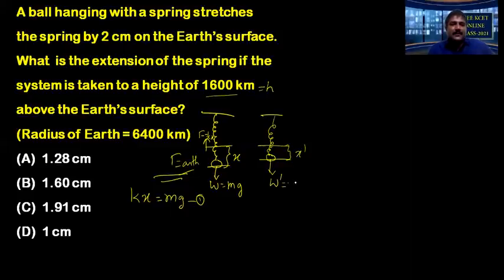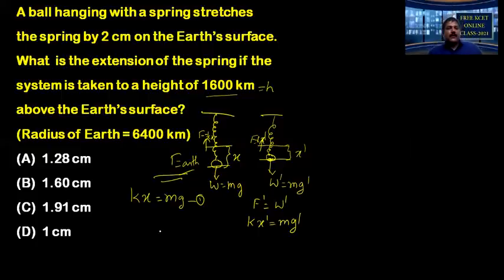It's a different weight because acceleration due to gravity is different. Mass is the same for the ball, mass will not change, and the spring constant also will not change; it is also k in the later case. Now the spring force in this case is k into x dash. So now we can write the equilibrium condition: spring force F dash equal to W dash, that is kx dash equal to mg dash.